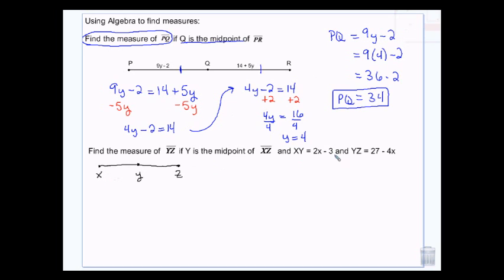Once I draw the picture, I can label XY is 2x minus 3, and YZ is 27 minus 4x. And Y is a midpoint, which tells me that this length and this length are the same. So to solve that, I'm going to set those equal to each other.